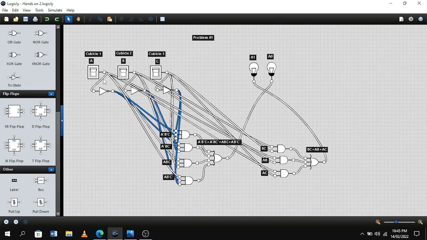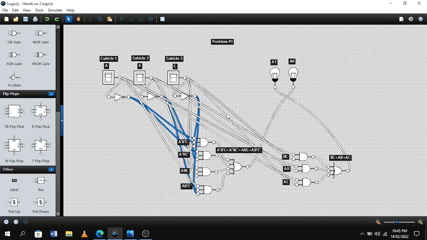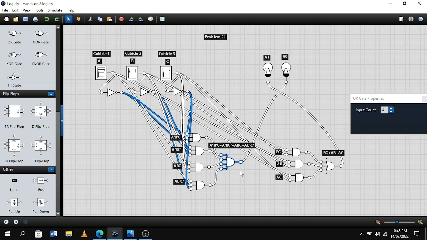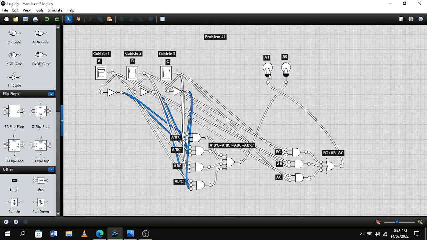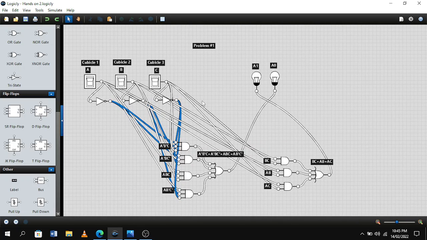We have here problem 1, right? Now, based on the K-mapping, as you can see, derived from the K-mapping, here for A0 and for A1 here, BC, AB, AC, then OR gate. So now let's test the solution.